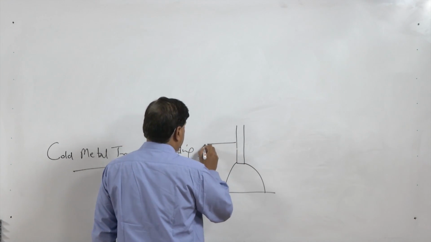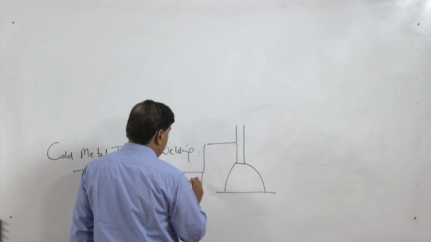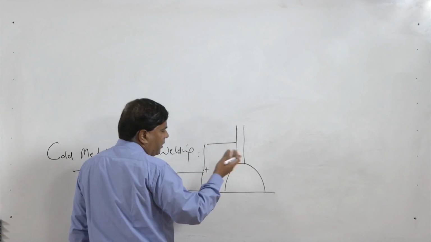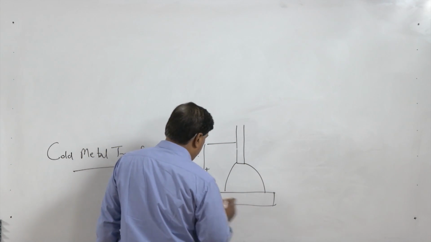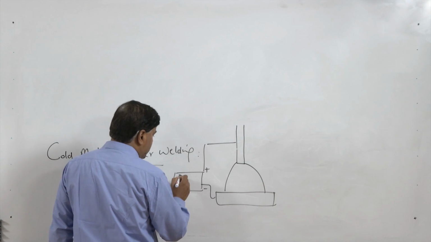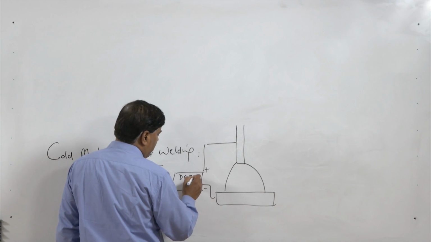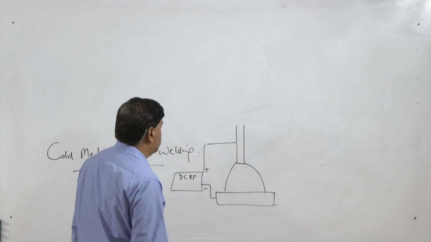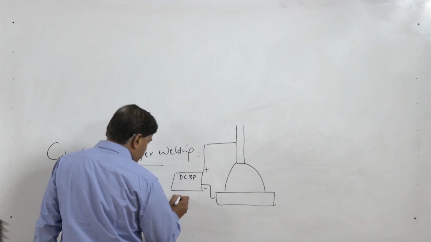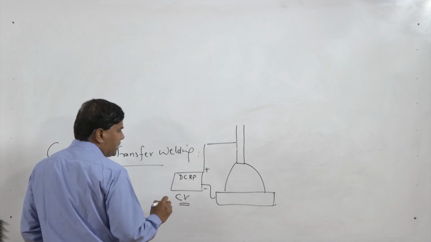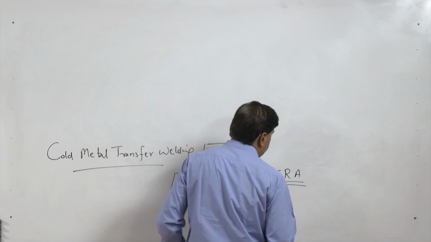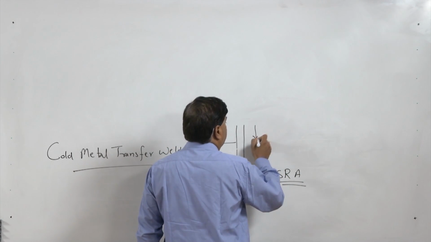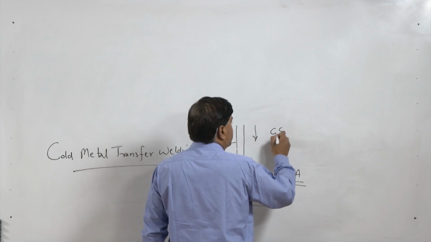The electrode is connected to a suitable power supply whose positive terminal is normally connected to the electrode and negative terminal is connected to the workpiece, and DCRP, or reverse polarity, is used in association with a constant voltage power source in order to have the advantage of the self regulating arc. The self regulating arc helps to maintain the arc gap when the electrode is fed at a constant speed.